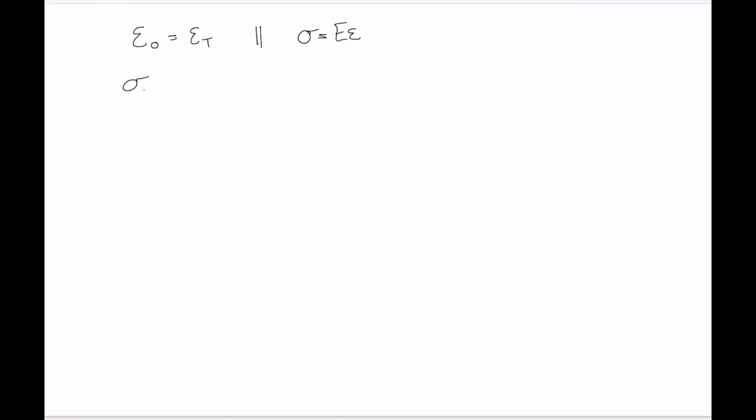So we've got the stress at that location in the untransformed material divided by its modulus of elasticity has to be equal to the stress in the transformed material at that same location divided by the modulus of elasticity for the transformed beam. Now what we can do is expand those equations out.